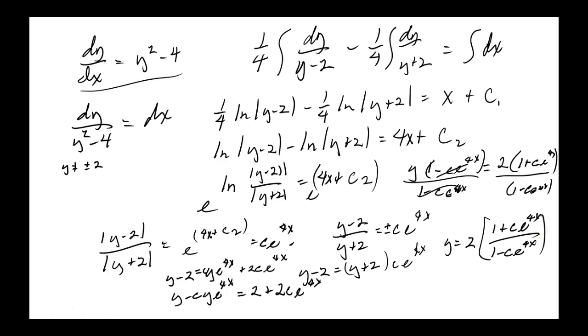Now if we factor the right-hand side of the differential equation, we know from the discussion of critical points in section 2.1 that y is equal to 2 and y is equal to minus 2 are two constant or equilibrium solutions. That's what we were saying before.